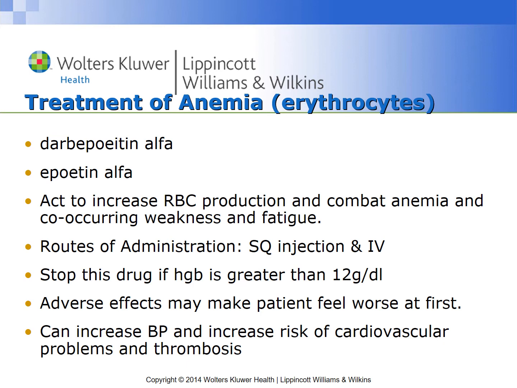It can increase the blood pressure and increase risk of cardiovascular accidents and problems and thrombosis, so we definitely will have to assess. So a contraindication with the epoetin is actually uncontrolled hypertension, of course any hypersensitivity, and so we have to be watching about that, checking the patient prior to them getting the medication. Also, epoetin is not effective unless there's a sufficient amount of iron in the body, so the patient may have to actually take an iron supplement.